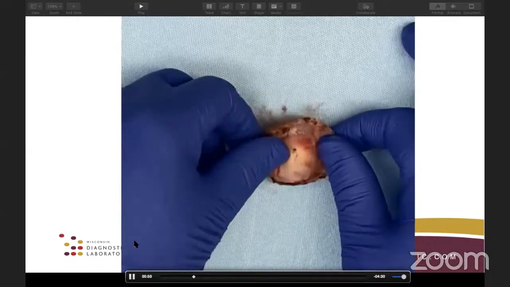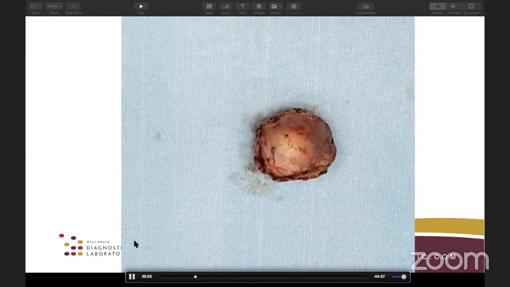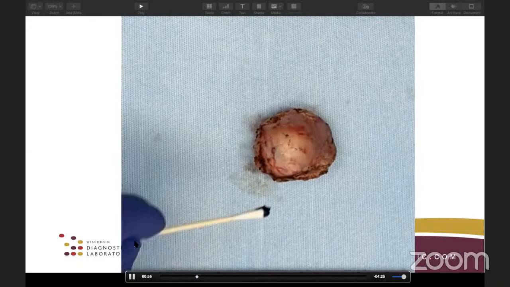All right, this is the resection margin then. And we'll ink the capsule blue.